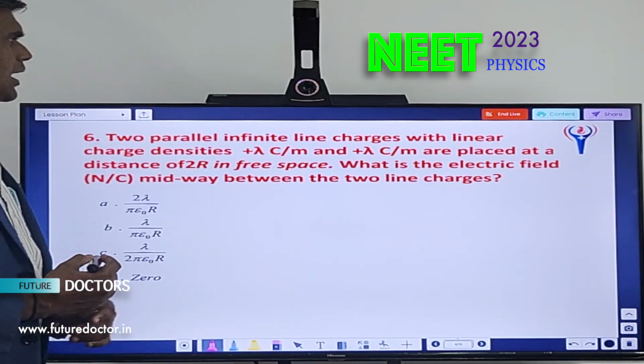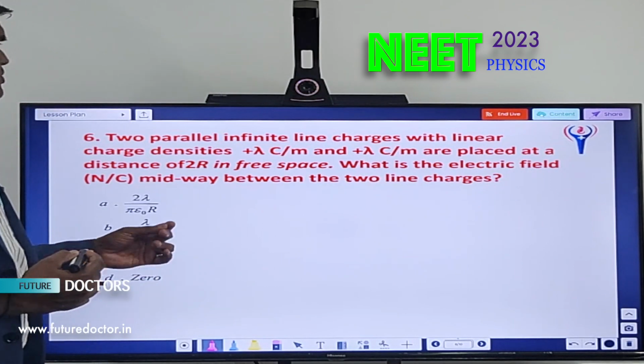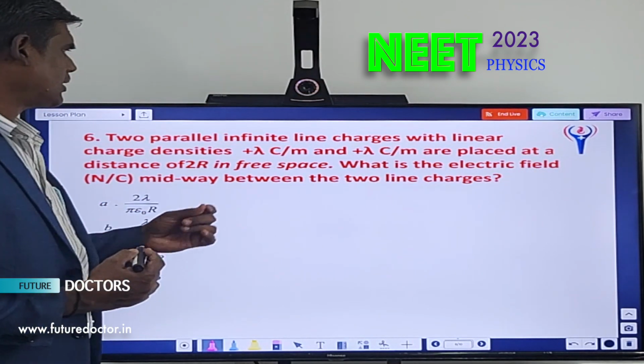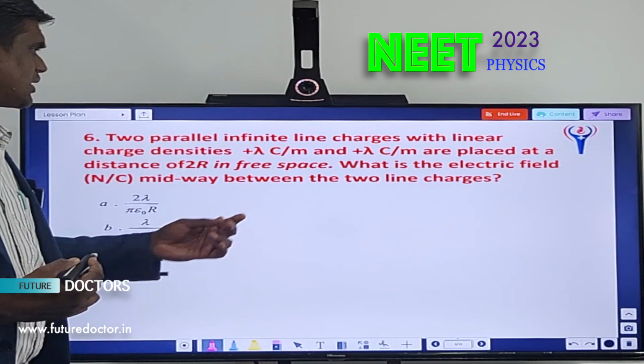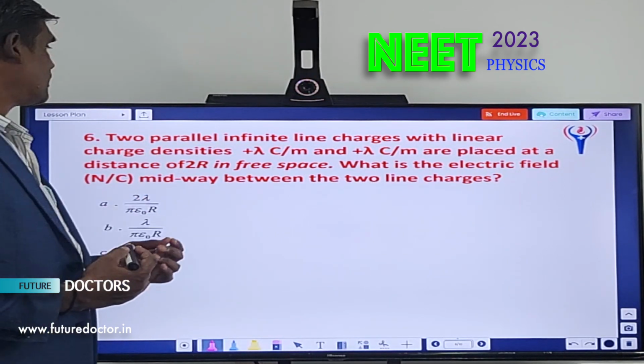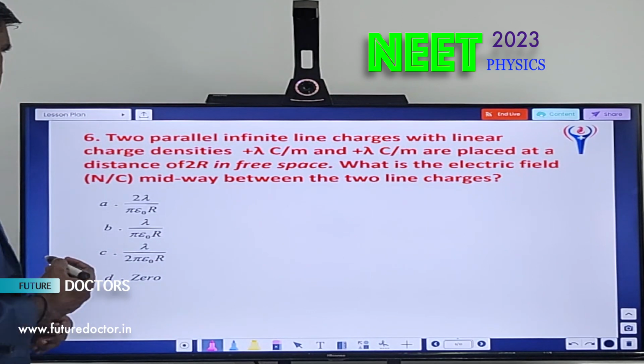Let's move to question number 6. Two parallel infinite line charges with linear charge densities plus lambda coulomb per meter and minus lambda coulomb per meter are placed at a distance of 2R in free space. What is the electric field midway between the two line charges?